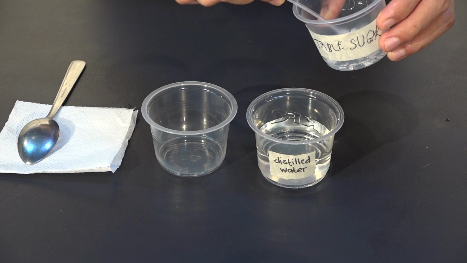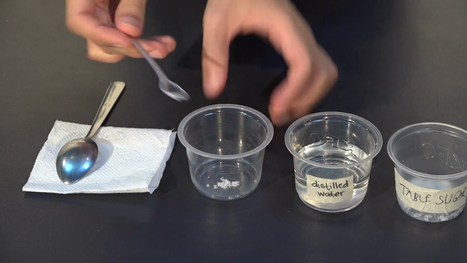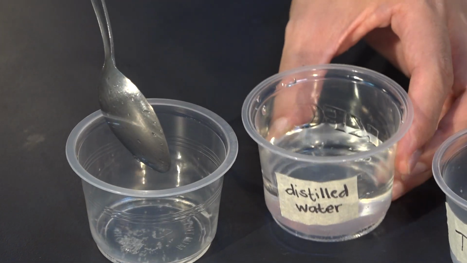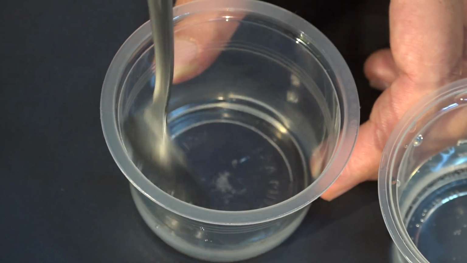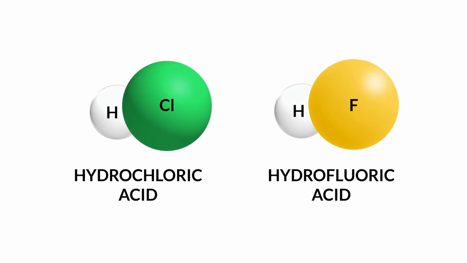While sugar and pure water are both polar covalent compounds, which means both possess partial charges, these charges only manifest as part of being in a molecule. However, acids like hydrochloric acid and hydrofluoric acid behave differently.